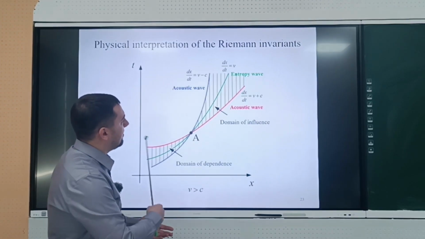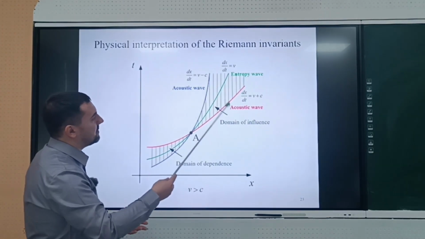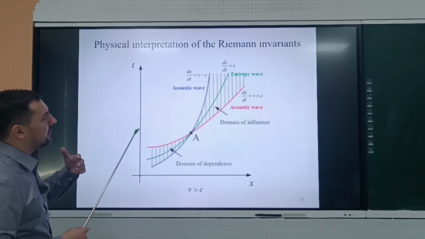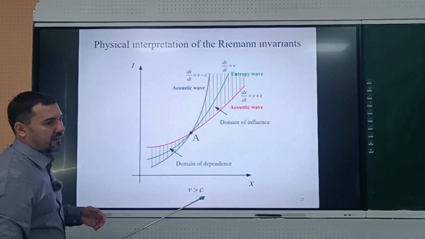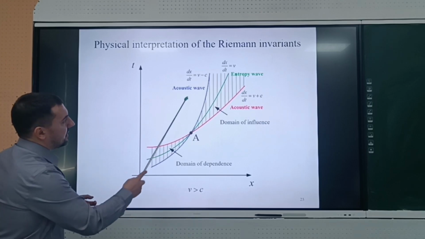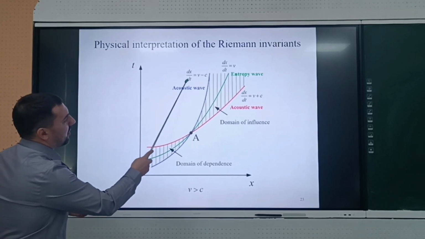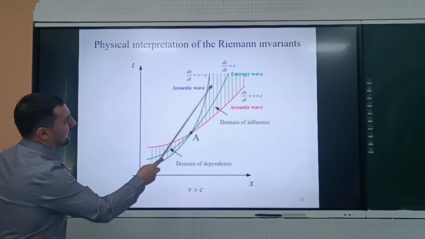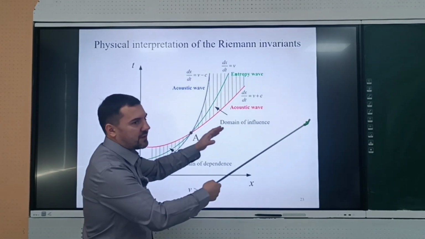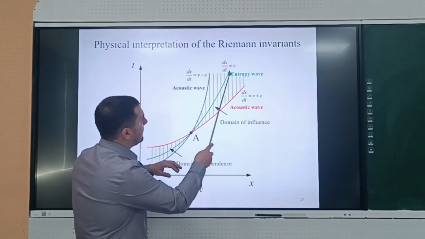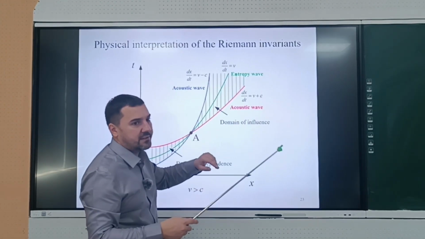What does it mean for this picture? Suppose we have a supersonic flow. It means that v is everywhere greater than, for example, c. It means that the inclination slope of all these characteristics, they propagate in one direction. So v minus c, v, and v plus c are all greater than 0.